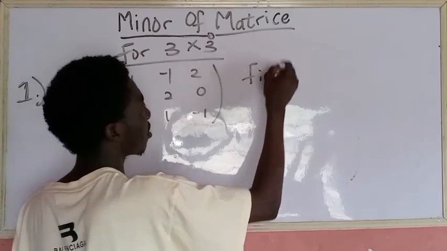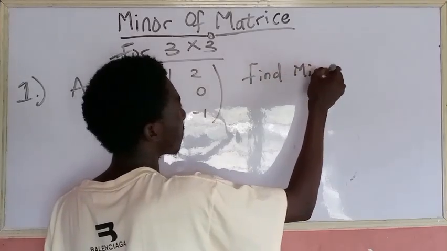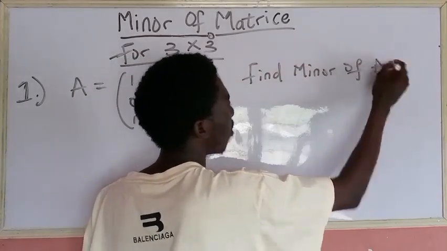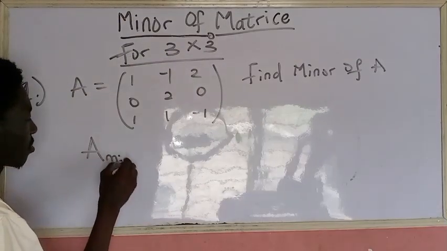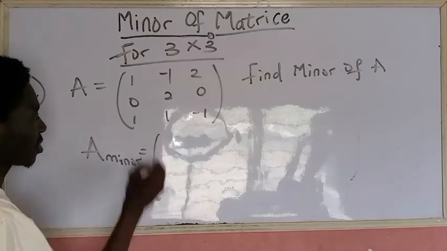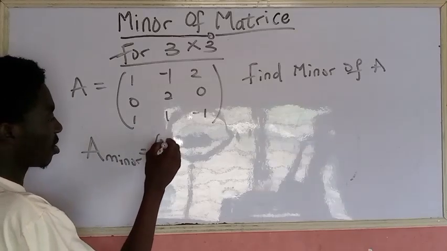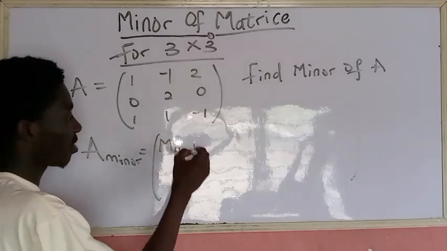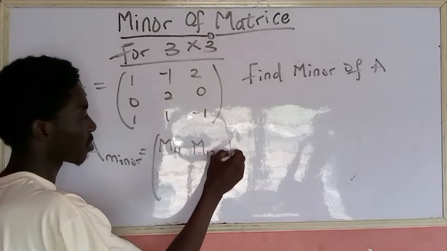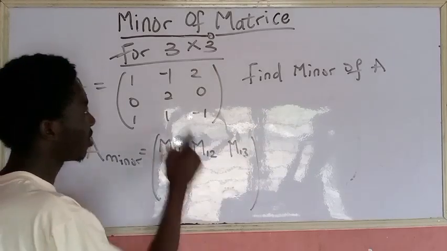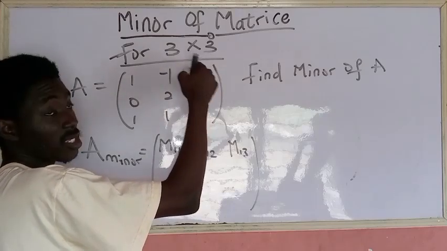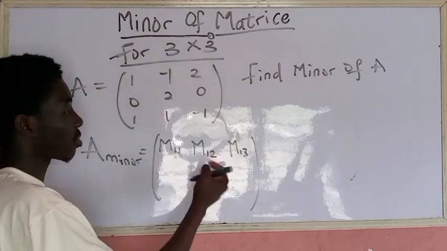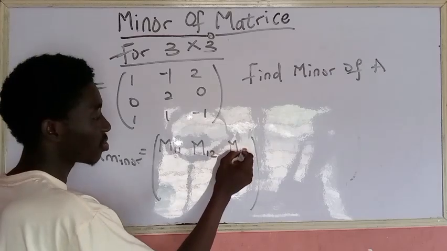Find the minor of A. Let's check that out. The minor of A, which I would love to write as M11, M12, and M13. So this one is the third column. This number is in the first row and third column. That is 1, 3, first row, third column.